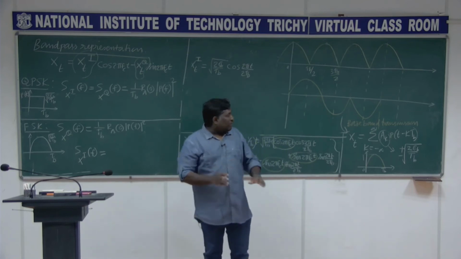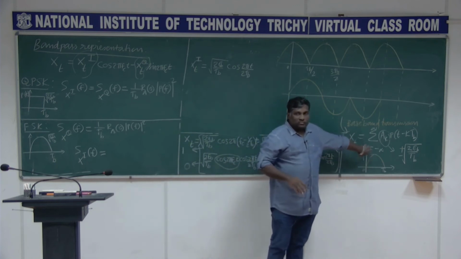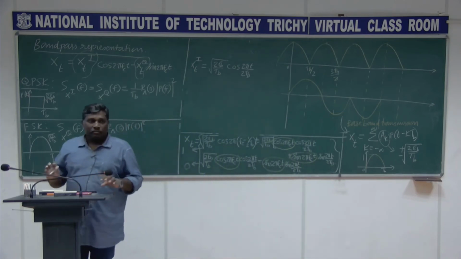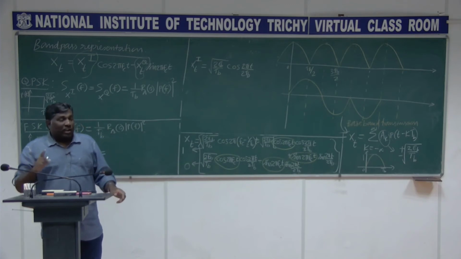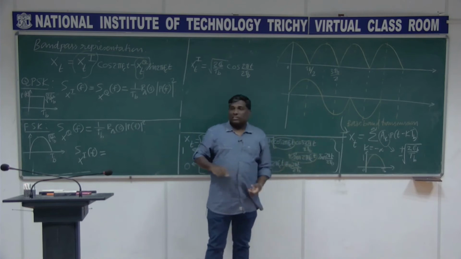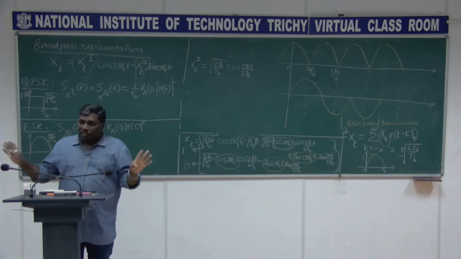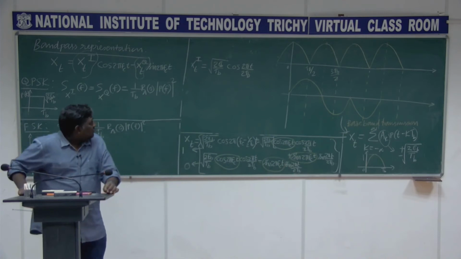That way only you can write it, and you have to find out the autocorrelation for this, which we already did. That's what I did with the baseband at the beginning. We already did it, so we got that result directly. But while writing this in phase component, we need not write it like this, because there is nothing like AK. It is only the cos wave, nothing else.